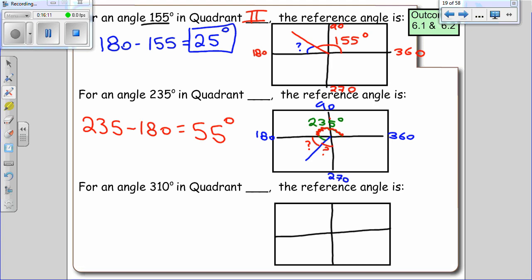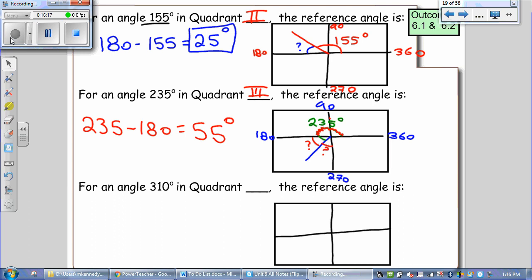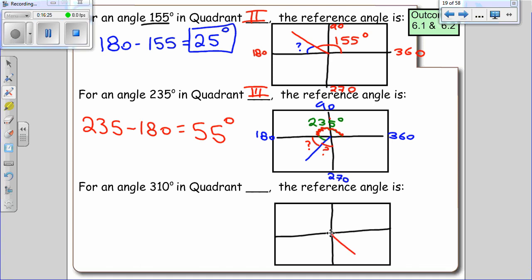Drawing this, I want to be at 310 degrees. The very bottom is 270, the right is 360, so 310 would be somewhere in there. The quadrant is quadrant 4.